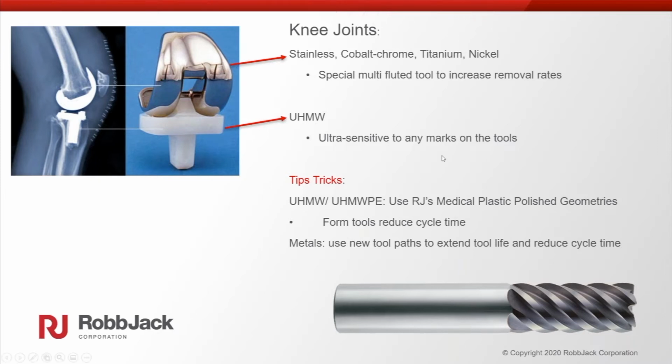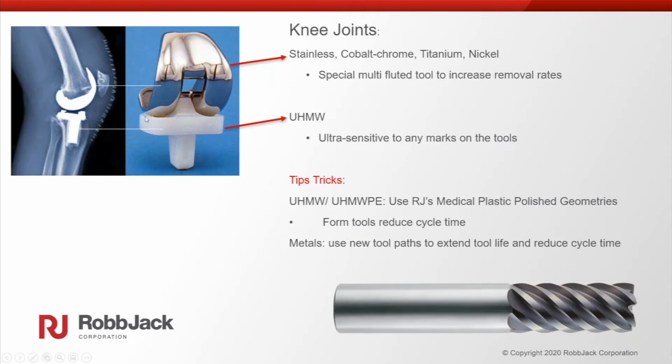because they're so sensitive to any kind of mark on the tool. So we've developed a process that we polish with ultra fine grit diamond wheels and things like that to give it unbelievable finishes on the cutting edges, and that really improves performance and improves the part quality as well. The other thing is on these parts, we'll a lot of times do form tools.